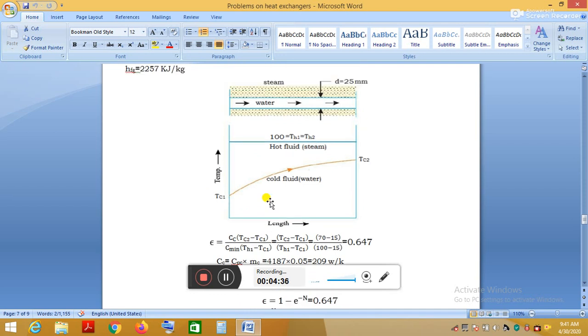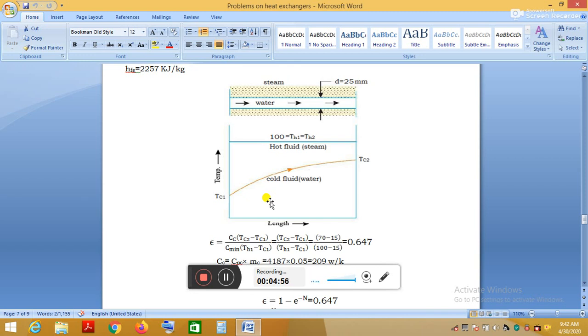We know that when boiling of water takes place, all the heat which is added to the water is utilized to undergo the change of phase, and there is no increase in temperature.